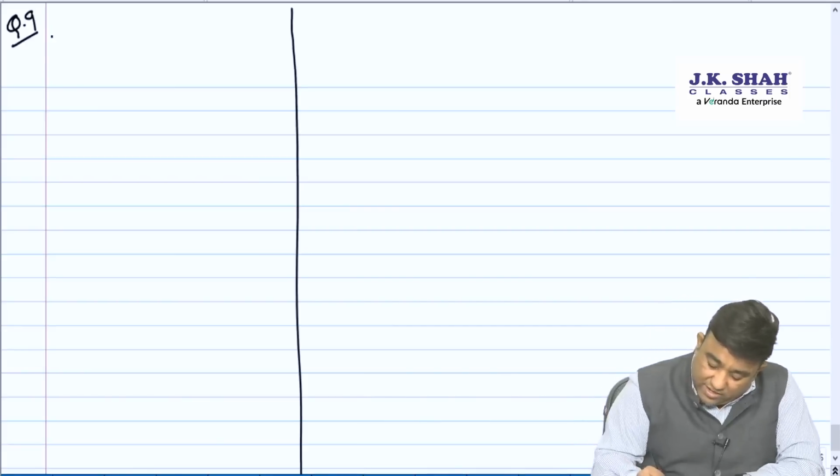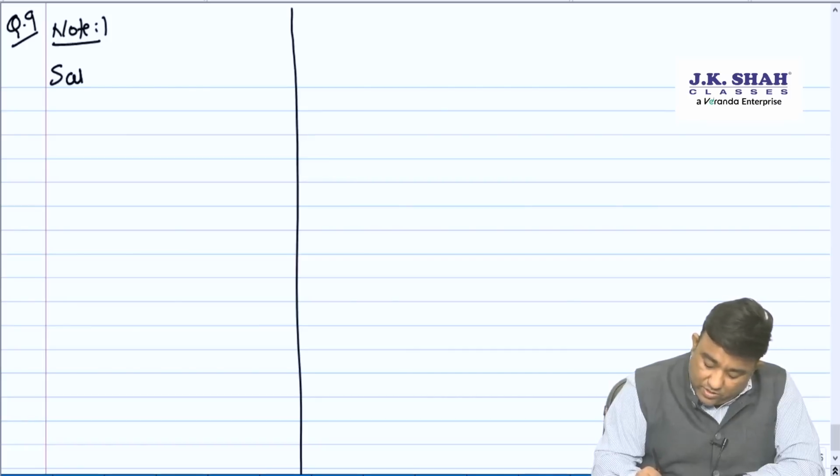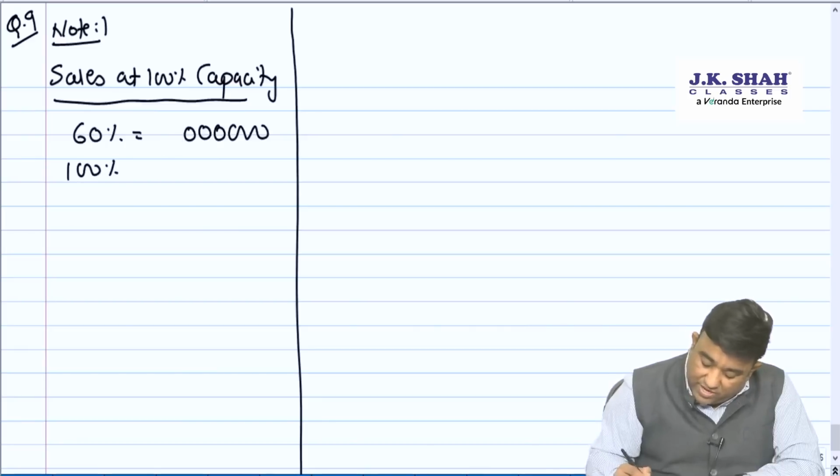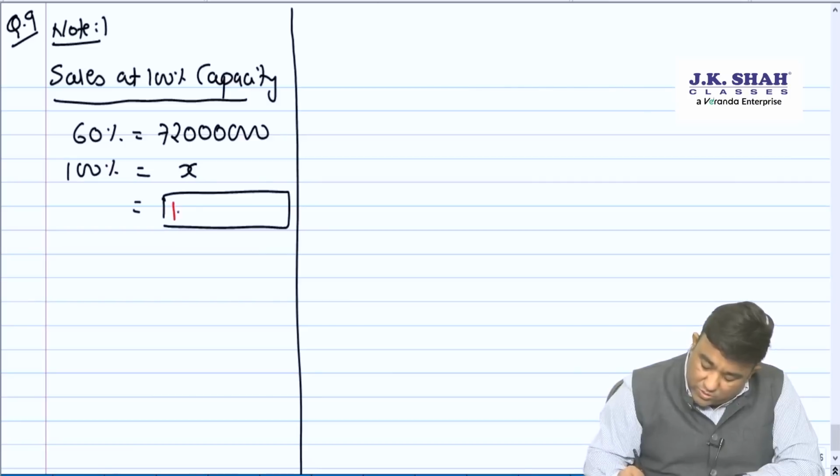So student, I can put a point, note 1, sales at 100% capacity. At 60% that is 72 lakh given, so at 100% it has to be 1 crore 20 lakh.